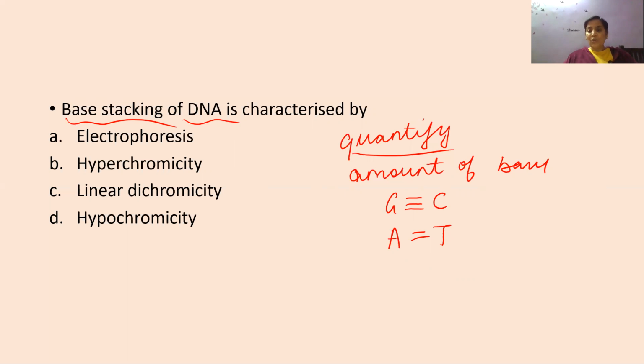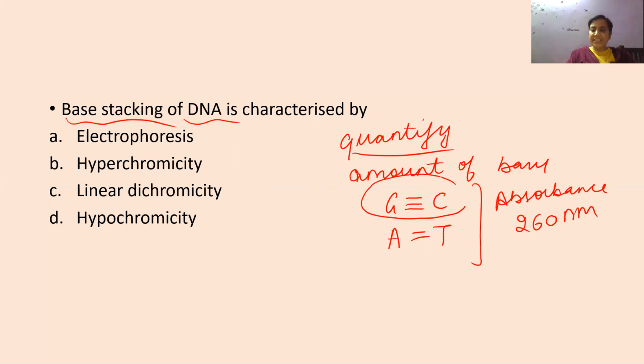So they are going to absorb a particular reagent, and absorbance is studied at 260 nanometers. Right, we read the absorbance of DNA at 260 nanometers, and we say if DNA has more GC base pairs, it will absorb more color, so it will lead to hyperchromicity.